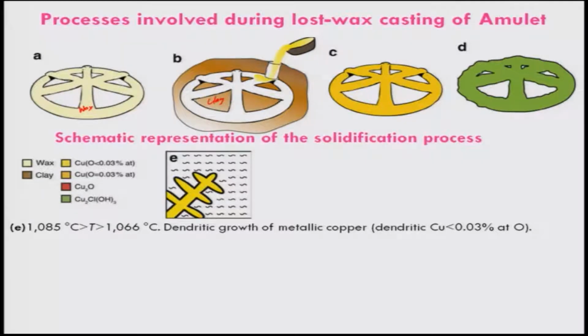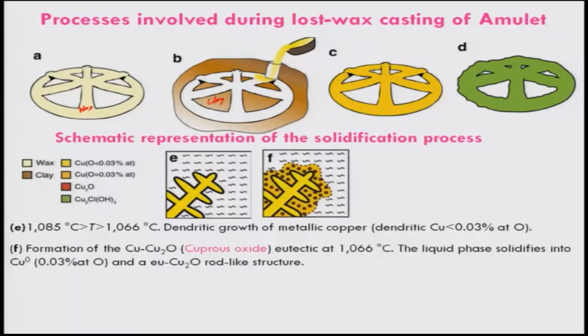There is dendrite growth of metallic copper, and of course, oxygen will be around maybe 0.03%, and this will be starting there, and then subsequently, around 1066 degrees Celsius, cuprous oxide and copper eutectics are formed.